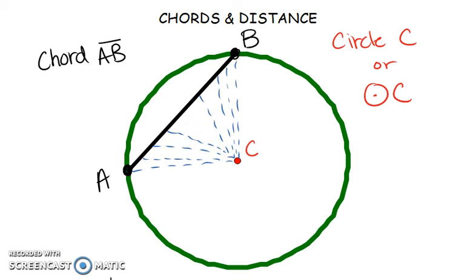But the way we're going to go about it today is we essentially want to go from the center of the circle to the chord in the least amount of distance. And that's going to end up being this distance right here, and I'll highlight this in blue as well. So today we're going to get an idea of how we're going to find that distance.